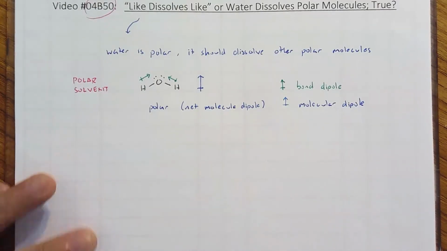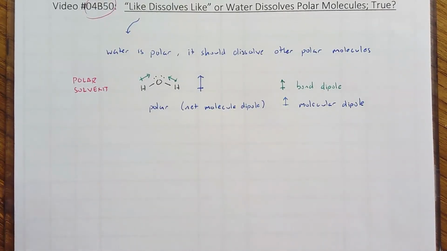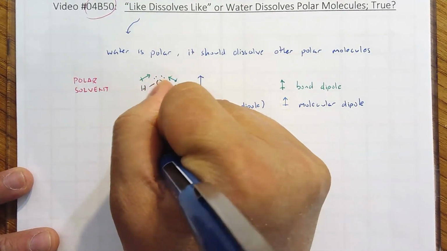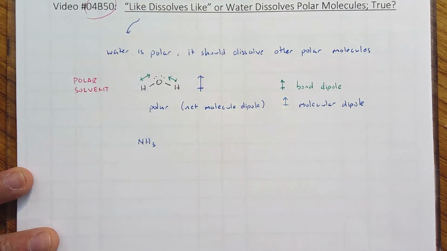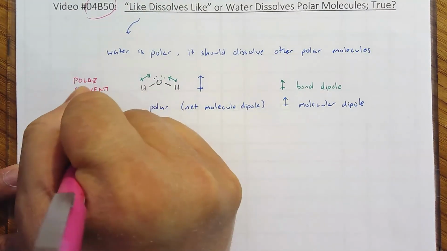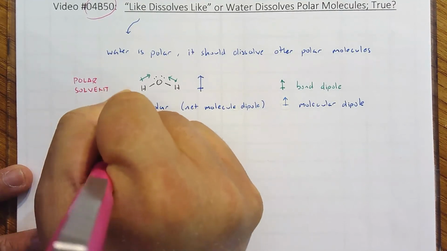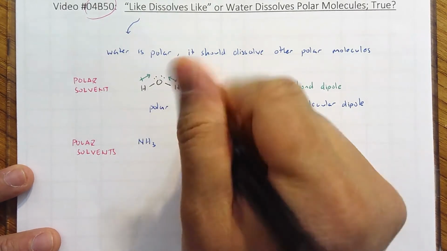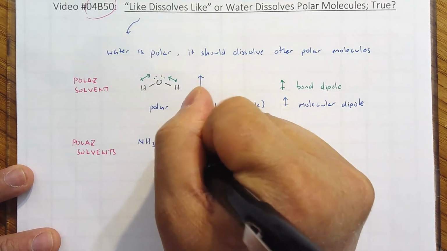So another polar solvent could be something like ammonia. That's also polar. Because if we draw the Lewis structure, again, why are we drawing the Lewis structure?